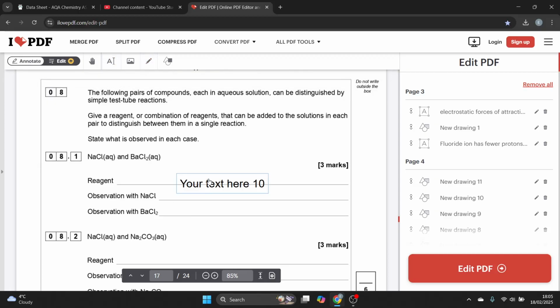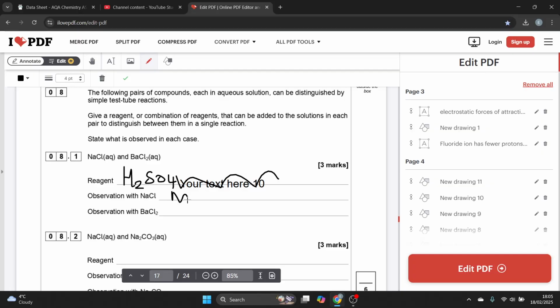The reagent for this case: H2SO4, sulfuric acid. Observation with sodium chloride, no visible change. Observation with barium chloride, white precipitate.